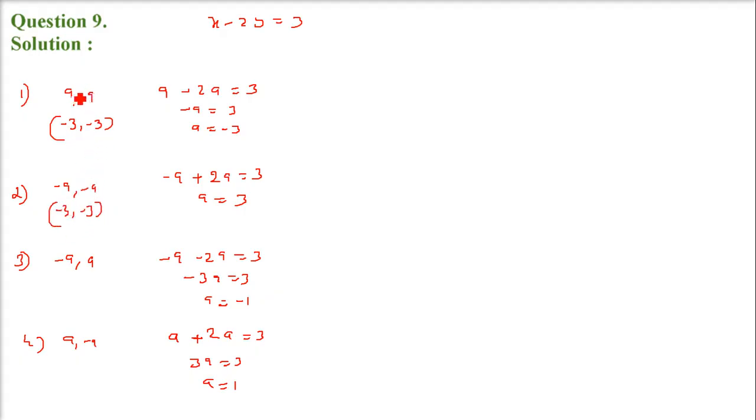In the third case a is minus 1, so minus a is plus 1 and a is minus 1, giving (1, -1). In the fourth case a is 1, so the center is (1, -1) again. So ultimately these two are similar and these two are also similar.